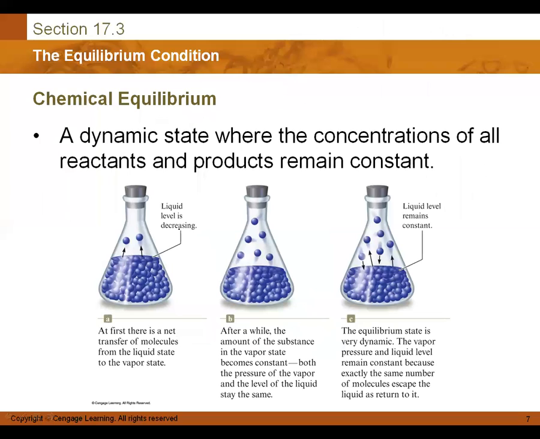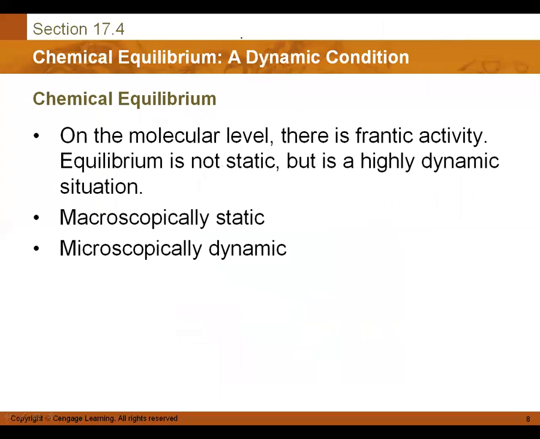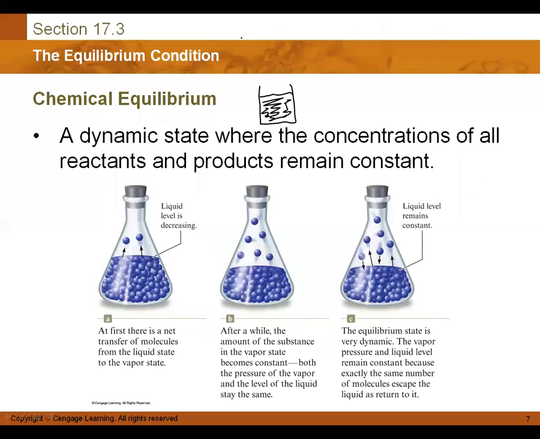Now, when we think about equilibrium, for example if you did a reversible reaction and it reached equilibrium, you may look at the beaker and it may look like not much has changed. You could be staring at this beaker after the reaction is done.